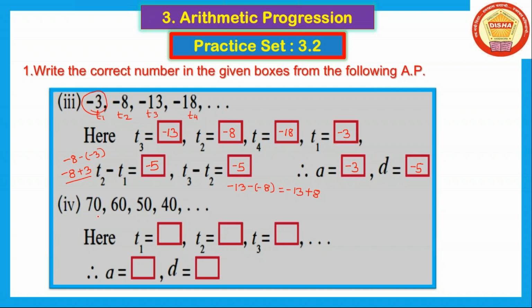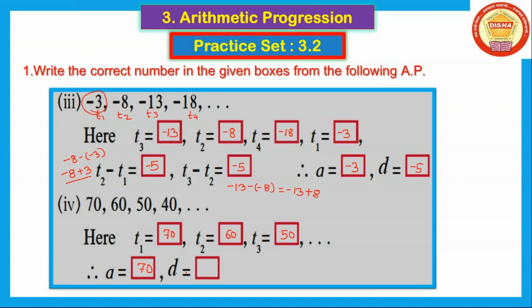Then see the fourth AP, that is 70, 60, 50, 40 and so on. We write here T1 is 70, T2 is 60, T3 is 50 and so on. By comparing the given AP with T1, T2, T3, we write here A is equal to the first term, which is 70 in the given AP.